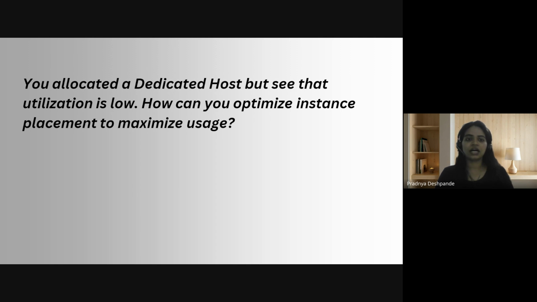Along with that, we can use the auto placement functionality in AWS, so that AWS can automatically place those instances on the underutilized hosts which we have. With auto placement, we can improve the usage, so the underutilization does not happen.